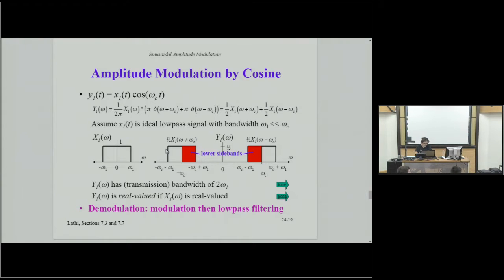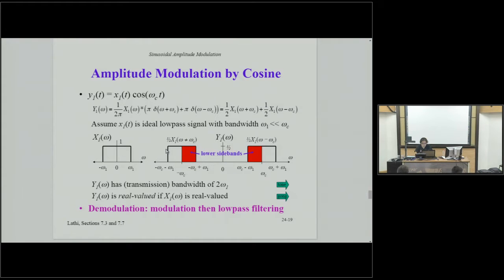Let's say that your X1(omega), your input signal, is a rectangle. When you convolve this with impulses at these frequencies, you'll get two rectangles centered at those frequencies. That's the standard convolution that you do in the time domain, the same thing done in the frequency domain. That's the only difference. So Y1(omega) is my modulated signal.